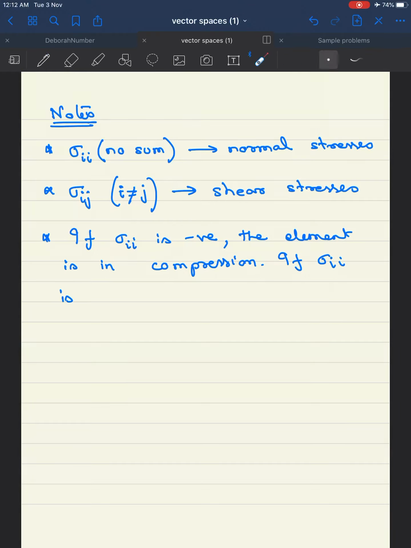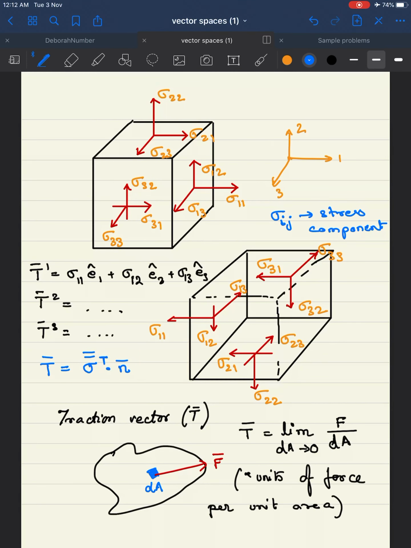So these are all again no sum, although there's a repeated index. So if sigma ii is positive, then the element is in tension. Okay. So with this, I hope we are getting some understanding of this quantity called stress.